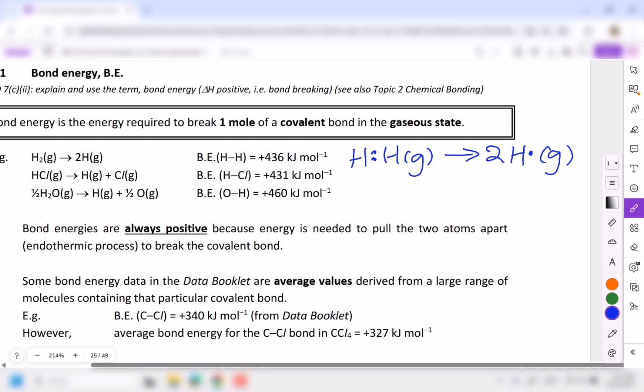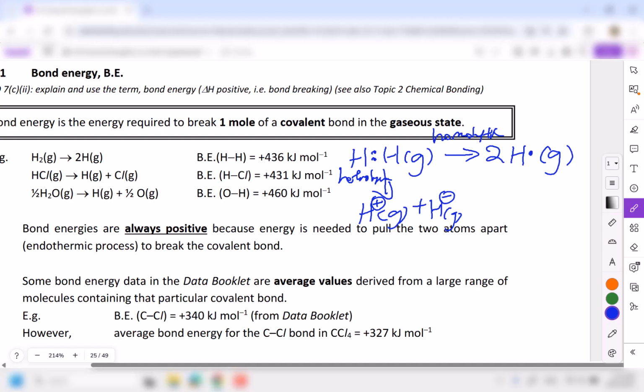Homolytic bond breakage. Now there is another kind of bond breaking known as heterolytic bond breaking. I'm going to spell it out here: homolytic and heterolytic. Now if you break them heterolytically, you're going to end up with a gaseous H+ cation and a gaseous H- anion.